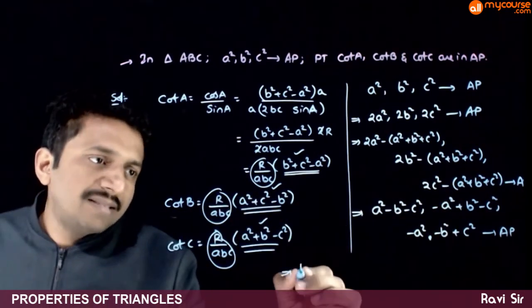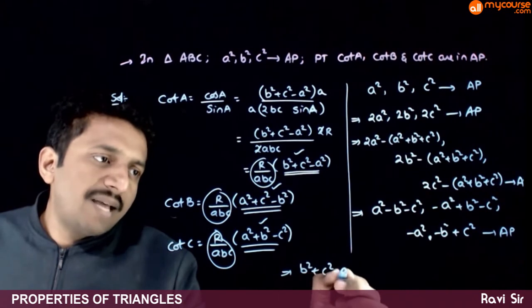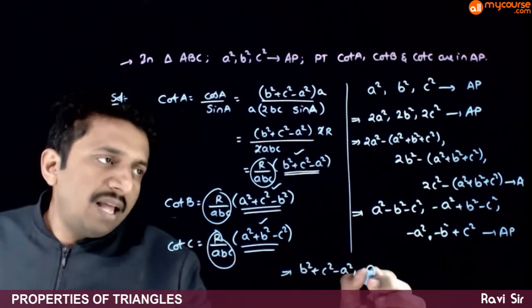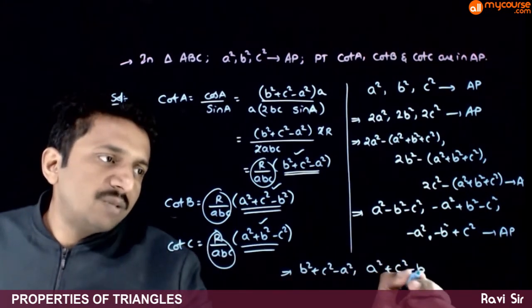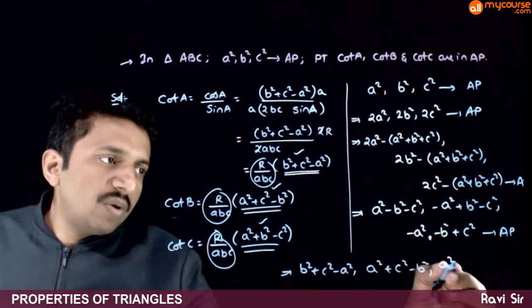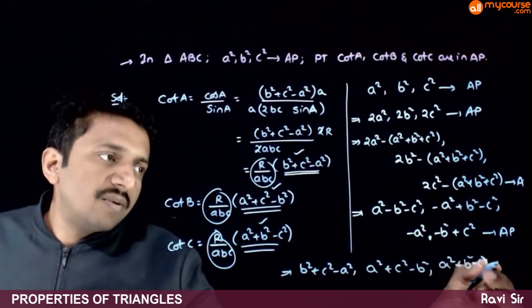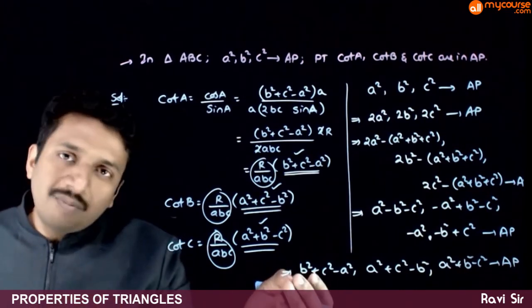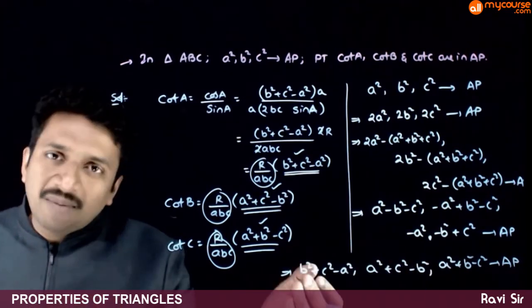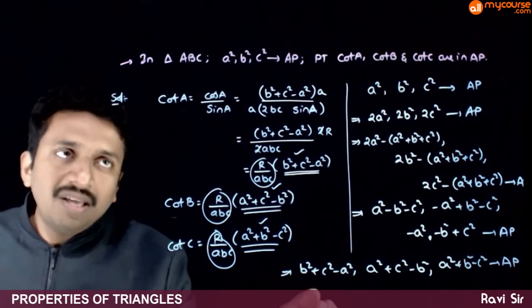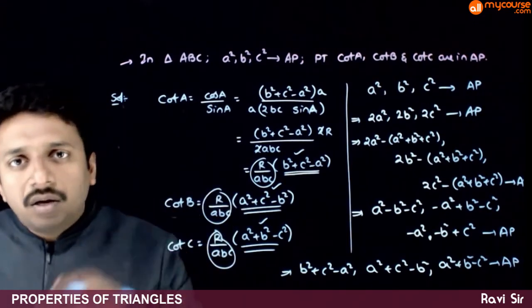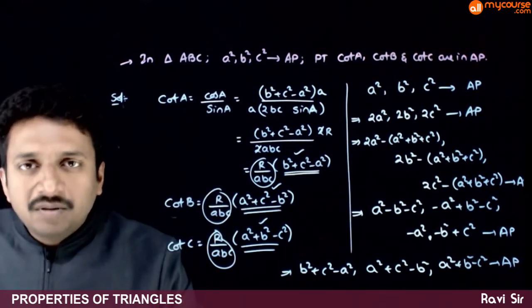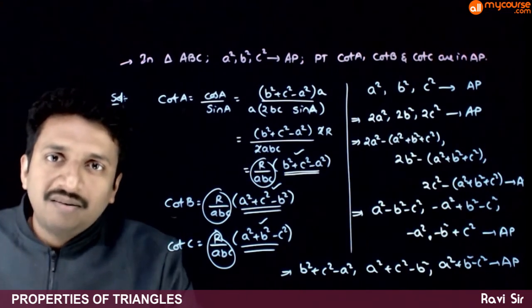That implies b square plus c square minus a square, a square plus c square minus b square, a square plus b square minus c square are in AP. If you multiply each of these by R by abc, those are also in AP. Hence cot A, cot B, cot C are in AP. Hence, we prove the result.